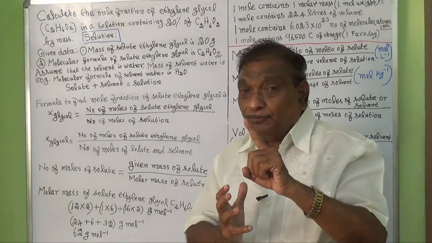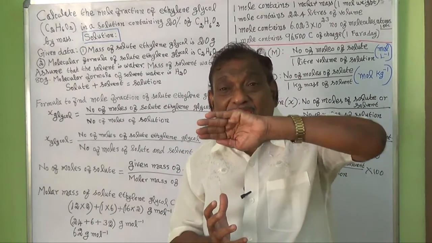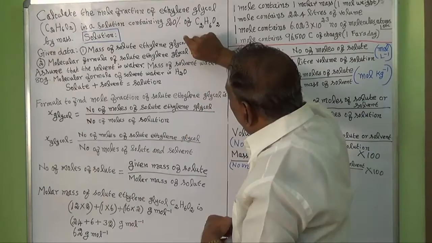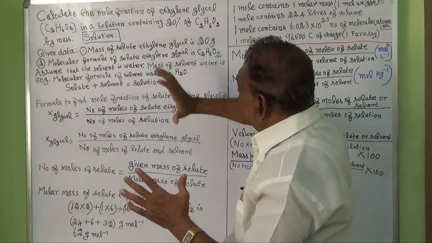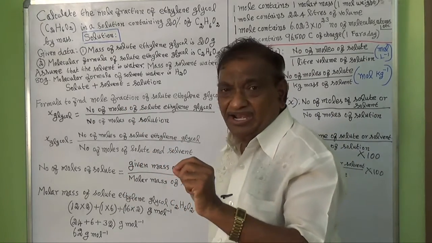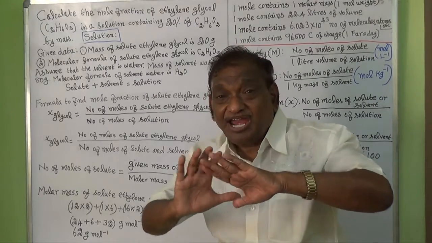Then what is the remaining 80%? The remaining 80% is the solvent. Here in this sum, the details of which solvent the ethylene glycol is dissolved in are not given.